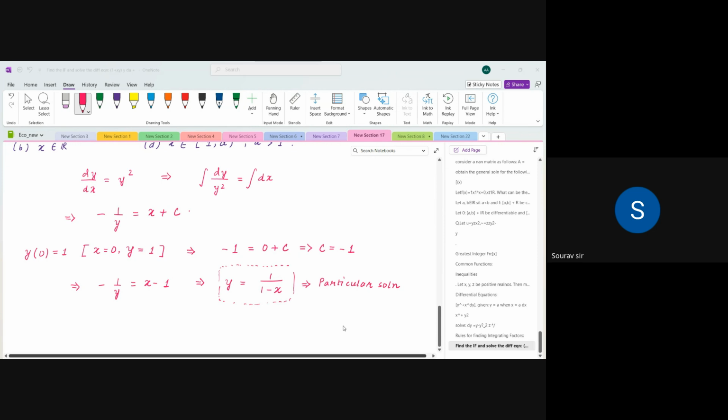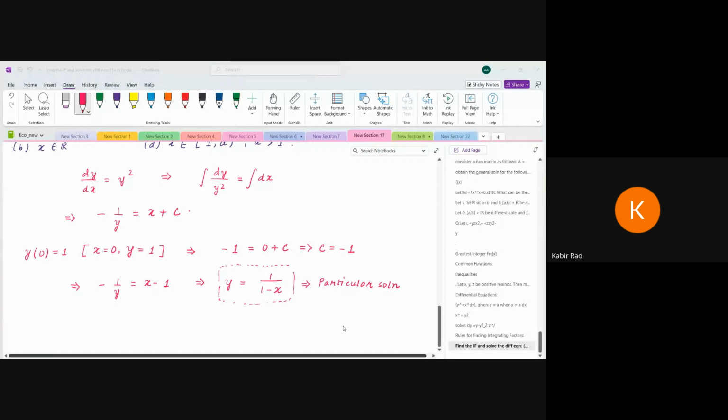Is it making sense to all of you? Now, can anyone tell me how to select the correct option in this case? This is the solution. Now, how do we link it?